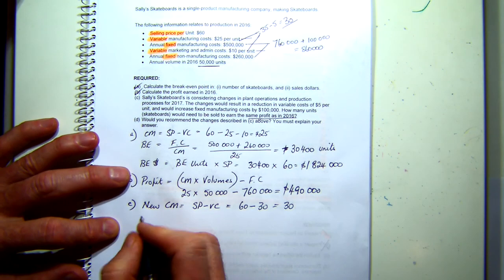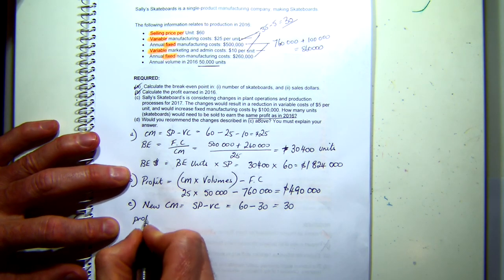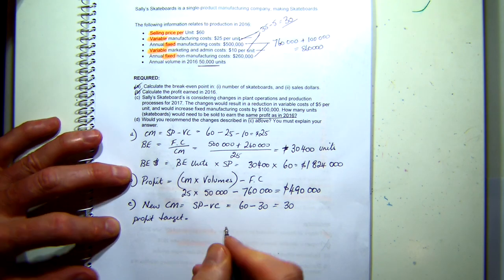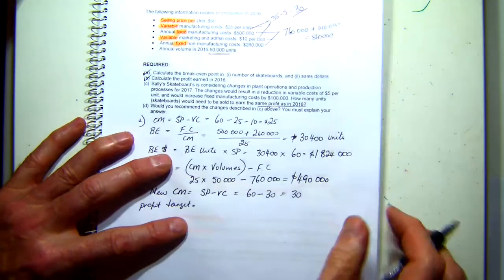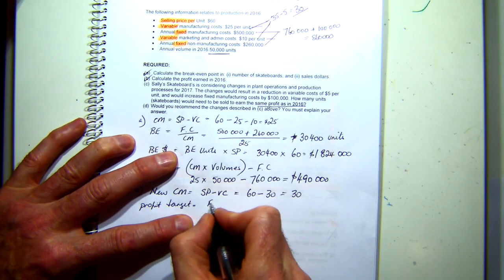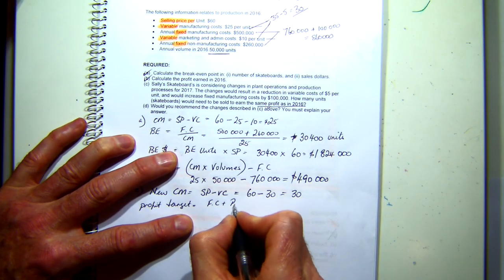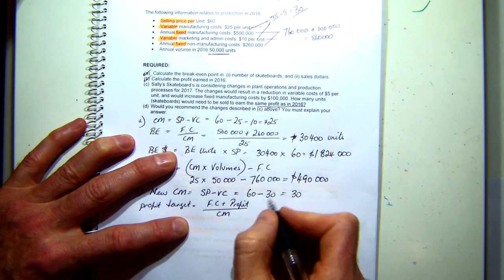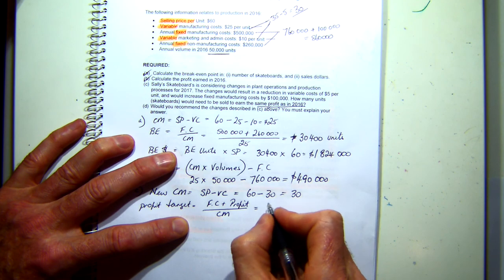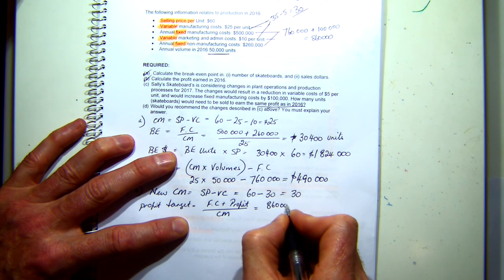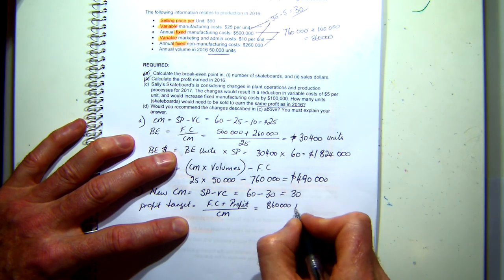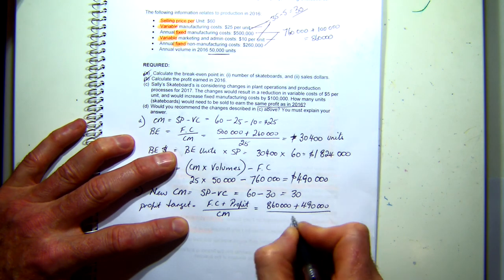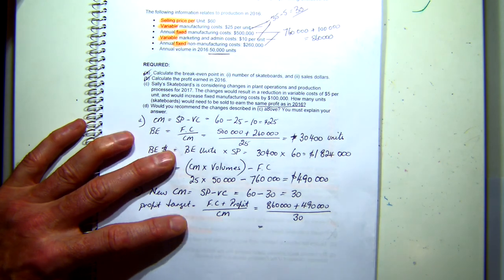Now it said we want to earn the same profit as 2016. So my profit target equals my fixed costs plus my profit, divided by my contribution margin. My fixed costs are 860,000 plus my profit of 490,000, divided by my contribution margin of 30.